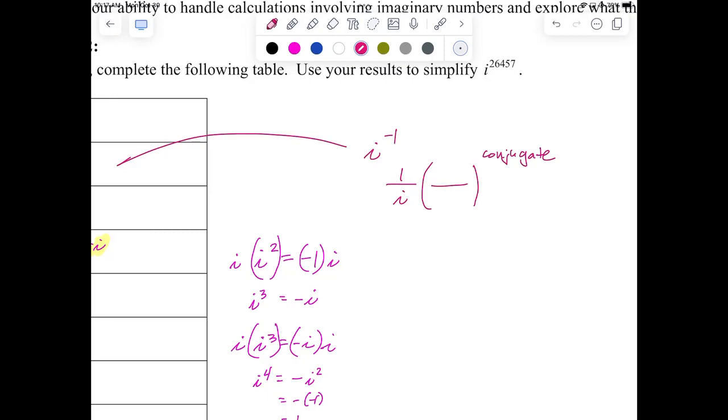So if I multiply by negative i over negative i, and I multiply straight across, I get negative i over negative i squared. But what's negative i squared equal to? If i squared is negative 1. Positive 1. So what's negative i over 1?